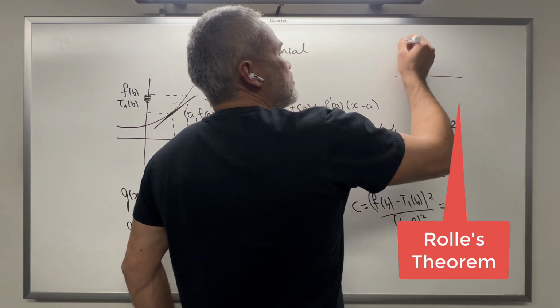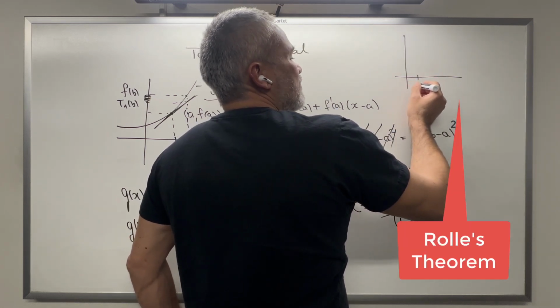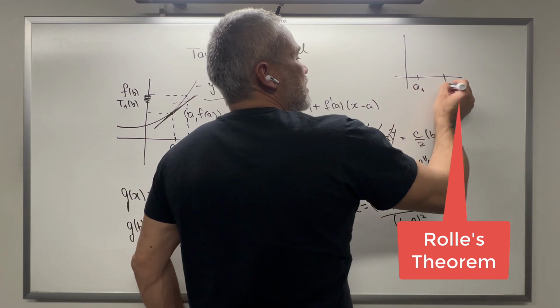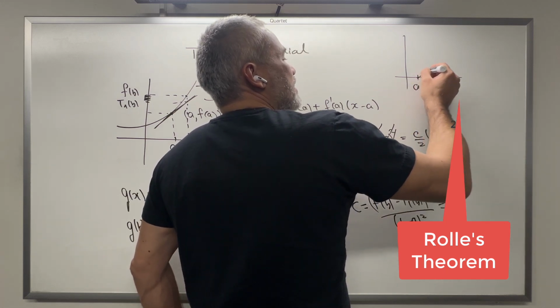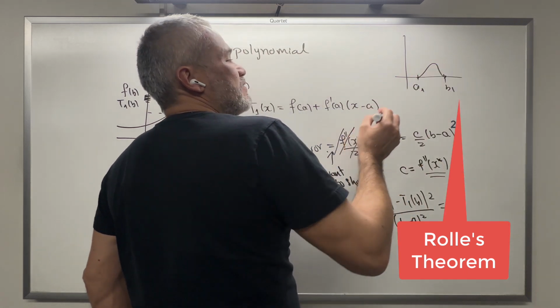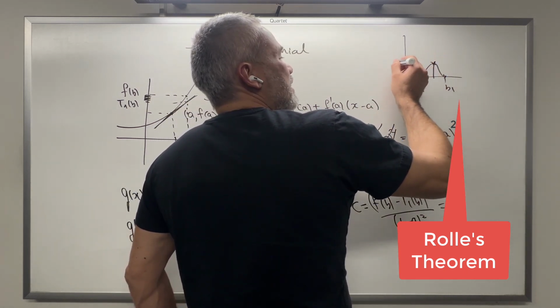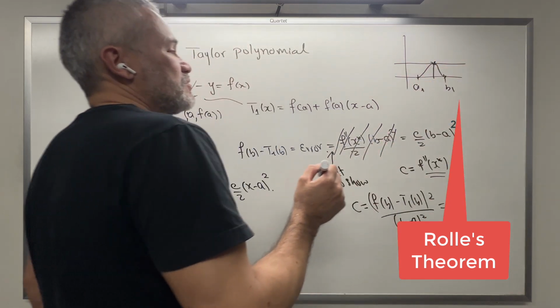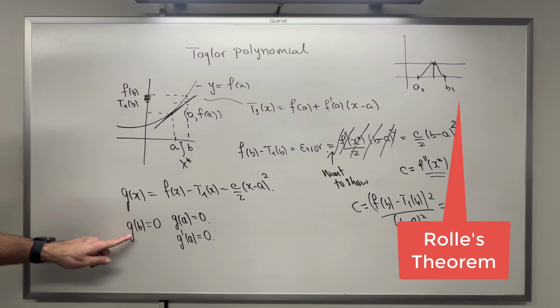Something we're going to use in this proof is the following fact: if we have any function defined on an interval, say a1, b1, that is 0 here and 0 there, and it's continuous and has a derivative, then at some point in between, the derivative is equal to 0. That's Rolle's theorem, and we're going to use it.